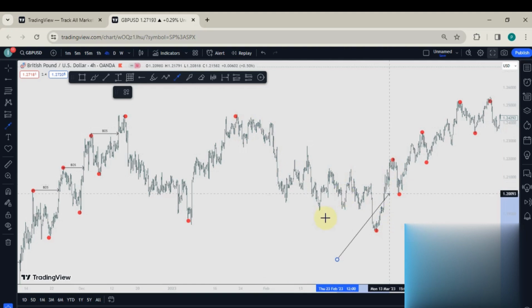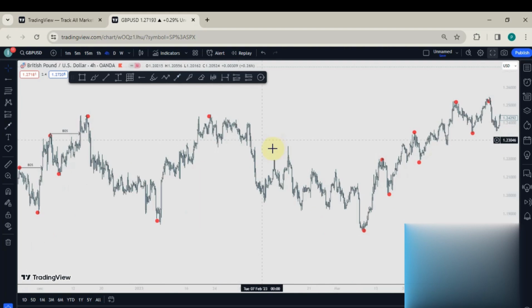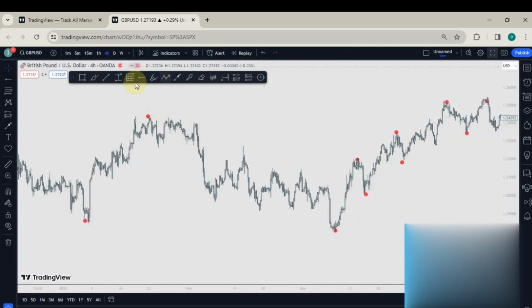Okay, let me also mark my swing points here. We have this lower low, lower high, lower low, lower high, lower low, lower high, lower low, and lower high.